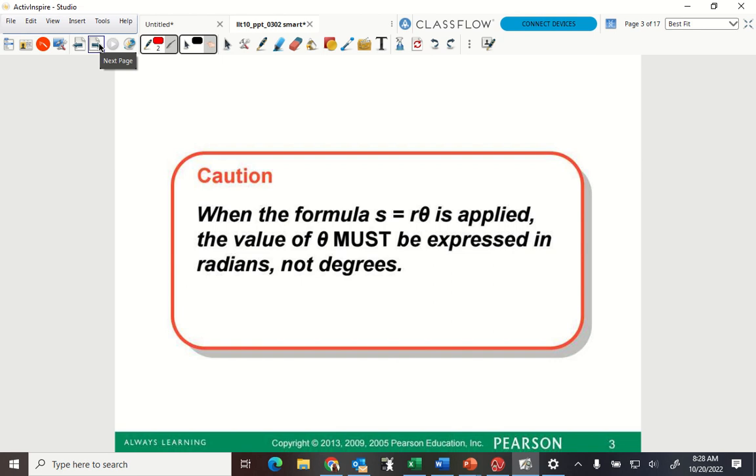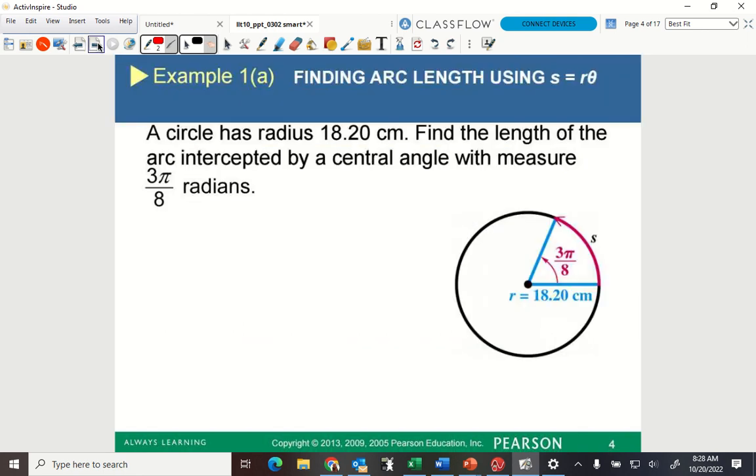Okay? The formula is S equals R theta. The angle value must be expressed in radians, not degrees. Again, the formula: S equals R theta. So I have three variables there, right? I have S, which is my pizza crust.